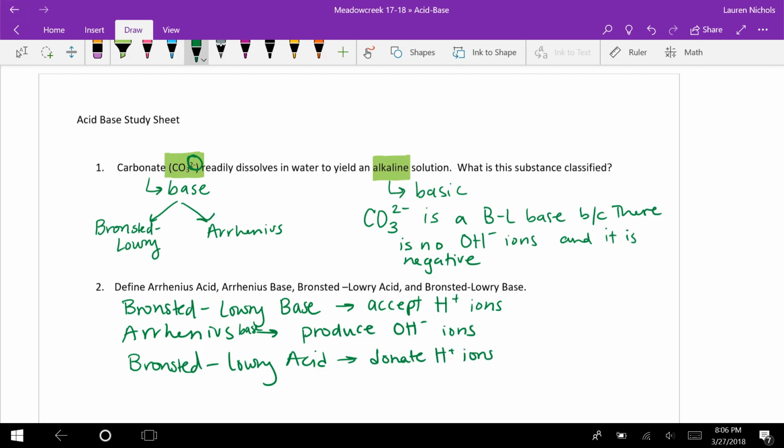Another way you could reword donate and accept is you could say acids lose H+ ions and bases are going to gain H+ ions. And then the definition of an Arrhenius acid is one that produces H+ ions. So the differences between the acid definitions are not very big.